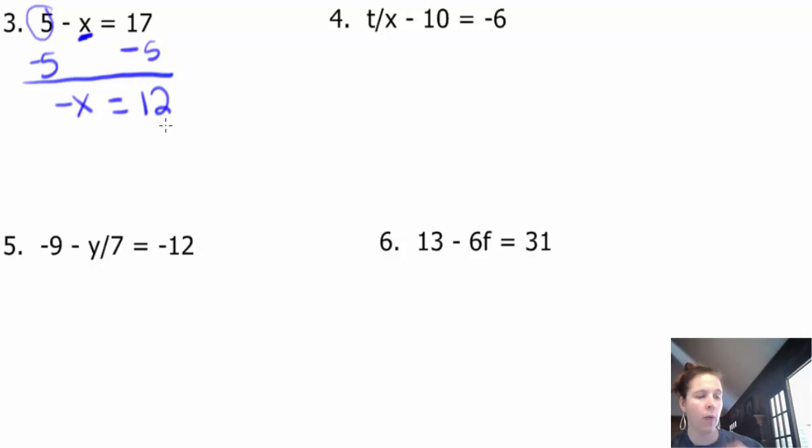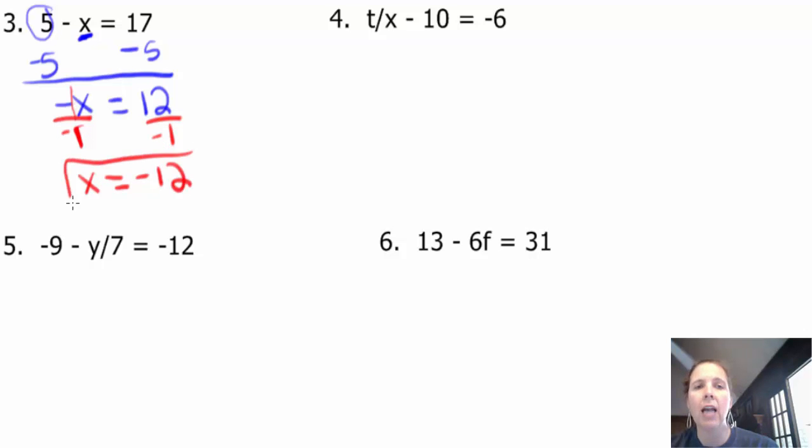Negative x equals 12. Well, now we still have this negative. We don't want negative x. We want positive x. Well, remember, there's really a 1 right in front of here. So it's really negative 1 times x. So you're going to divide by negative 1. So x equals negative 12.